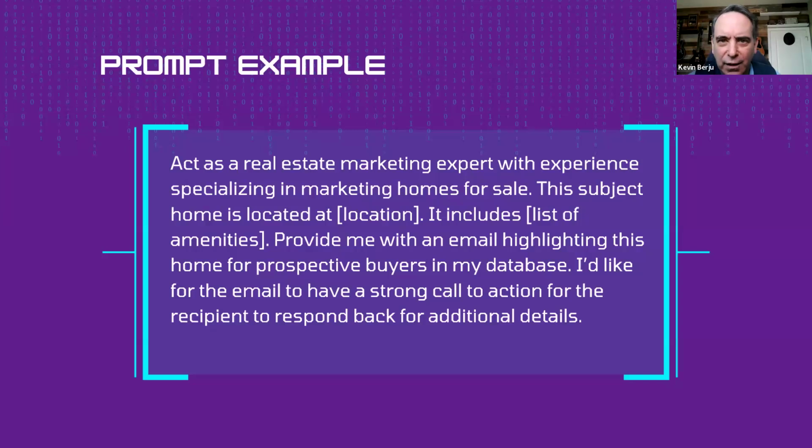So you've told it how you want it, what context you want it in, and what format. Highlighting this home for prospective buyers in my database. I'd like for the email to have a strong call to action and for the recipient to respond back for additional details. So, that's exactly how it's going to do this.